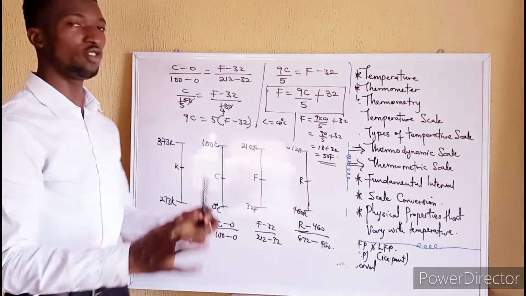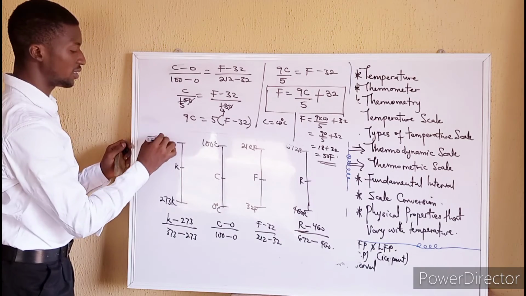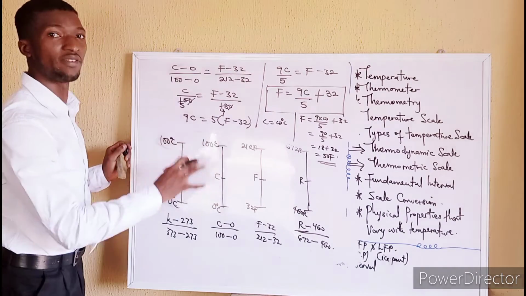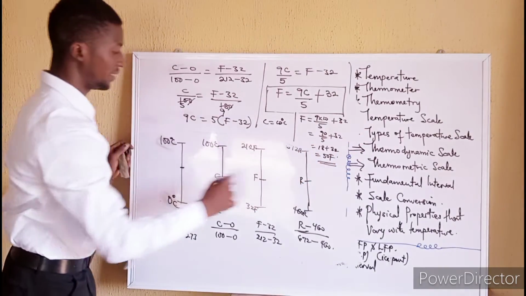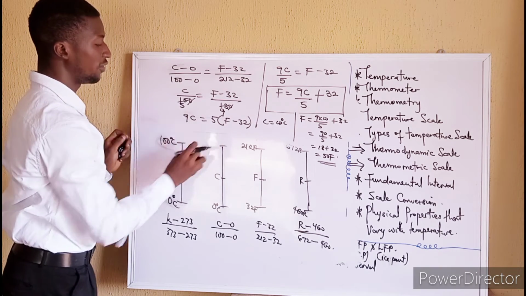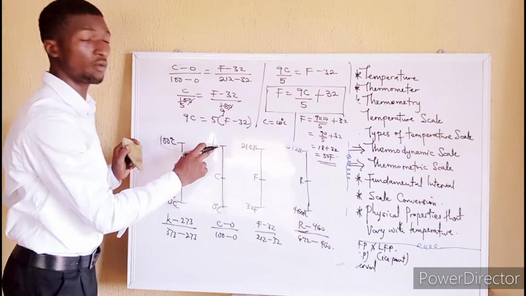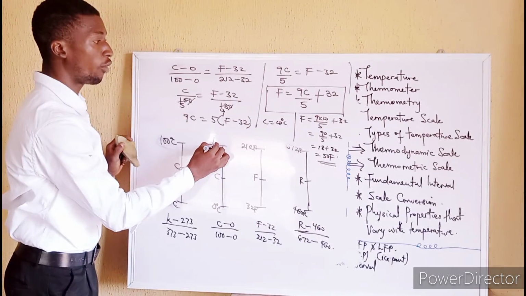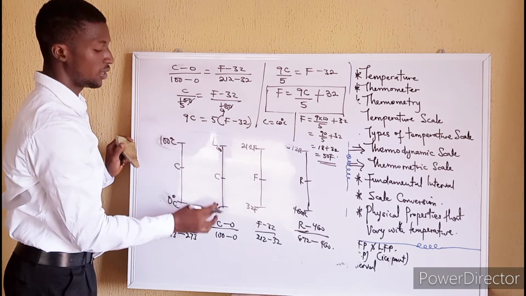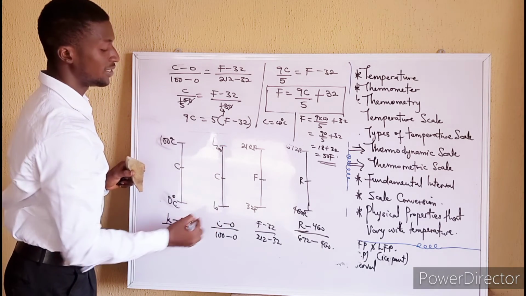For instance, if I use the degree Celsius scale, it means that I will only take the degree Celsius scale. Every one of these physical properties I will include in the rest. So here I have degree Celsius, and for this part I'll use the remaining properties. That is the length, for instance. But this length is the length I'm going to attain when the body is heated to 100 degrees Celsius, and this is the length I'm going to attain when the body is heated to 0 degrees Celsius.